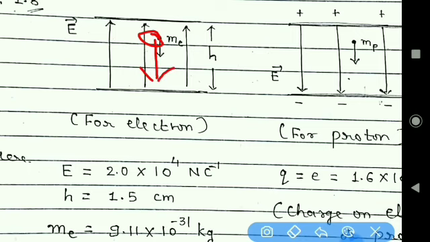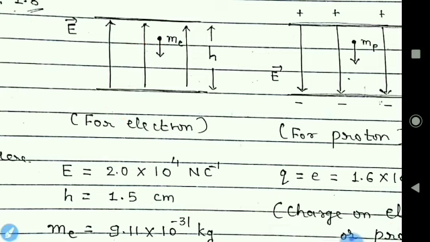As electron is negative charge, in an electric field it will move in the opposite direction. Here we will neglect the effect due to gravitational force, and so the only force acting on this electron will be electric force, that is F is equal to Q into E.